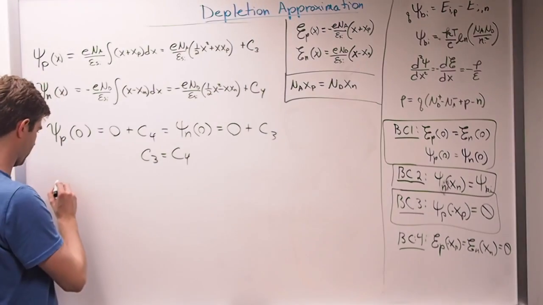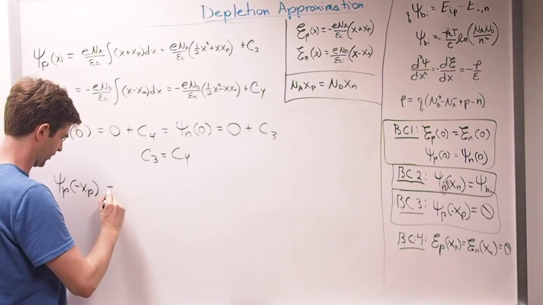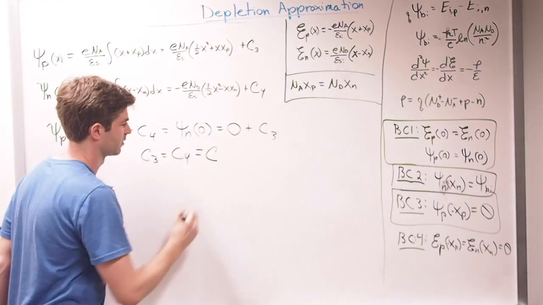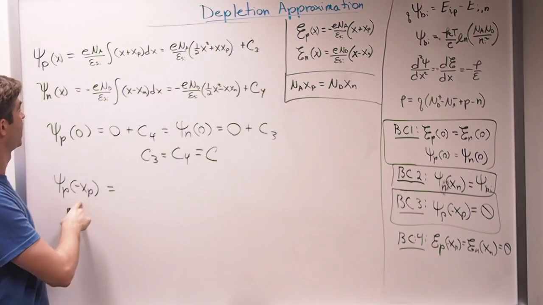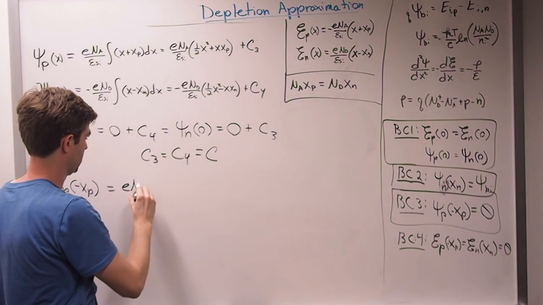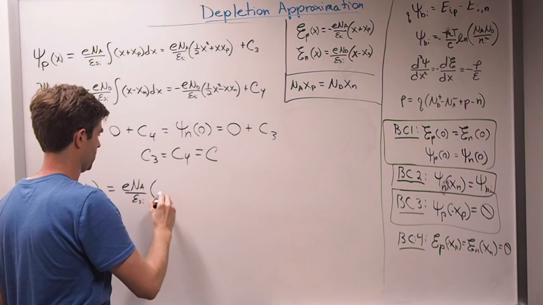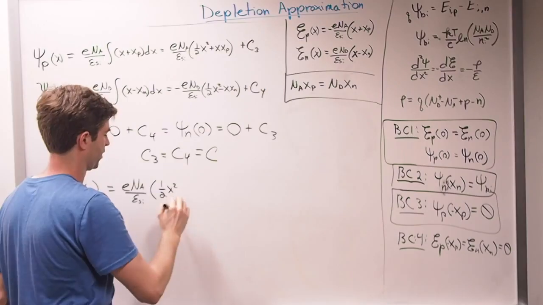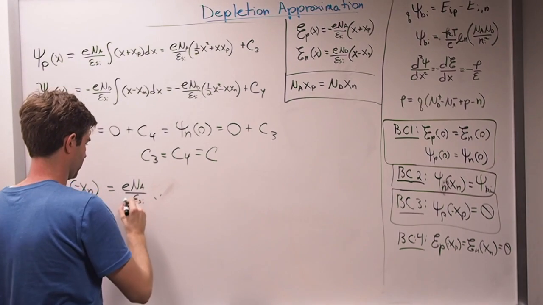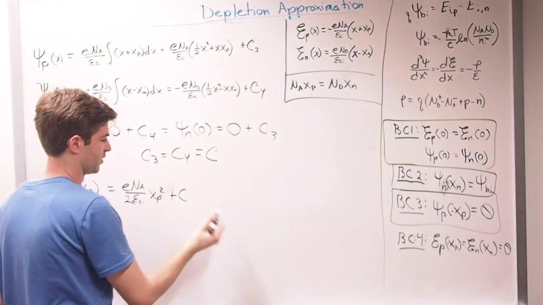So psi p of negative x sub p is going to be equal to, I'm just going to call this C. So psi p of negative x sub p will be ENA over ESI over 1/2 x squared, well, xp squared minus xp, that's just going to be over 2 xp squared plus c3, which is just c.